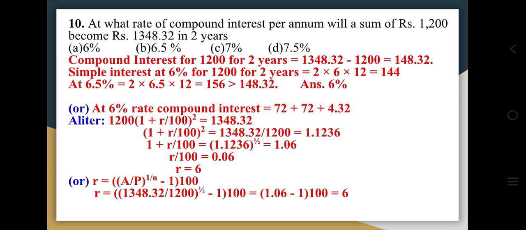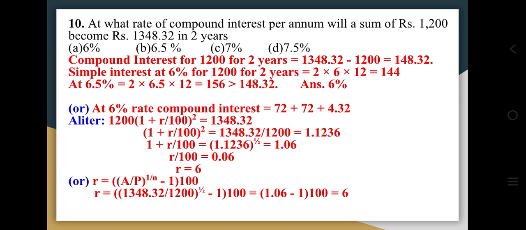So the second year compound interest is 72 plus interest for 72 at 6%. Interest for 72 at 6% means 72 into 6 by 100, which is 4.32. So the 2-year compound interest for 1200 at 6% rate is 72 plus 72 plus 4.32, which is 148.32. So 6% is the correct answer, is verified.